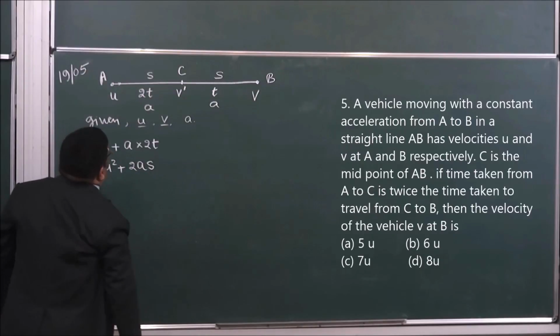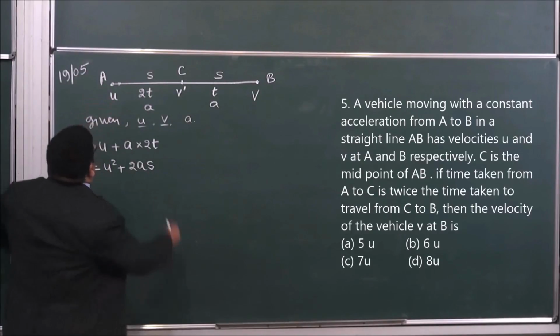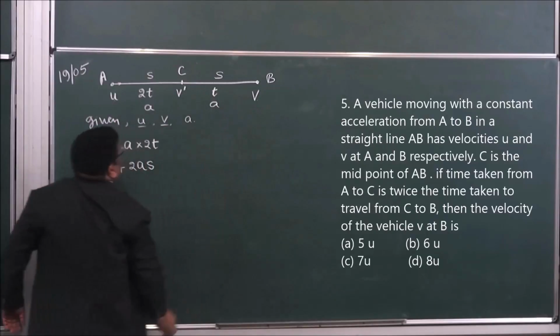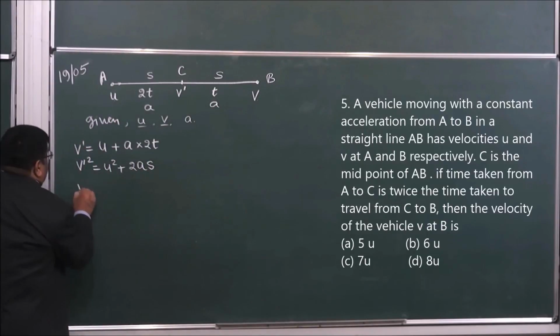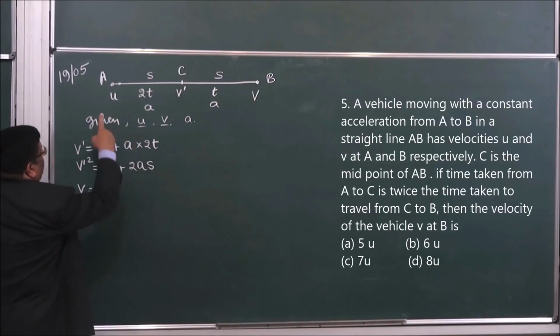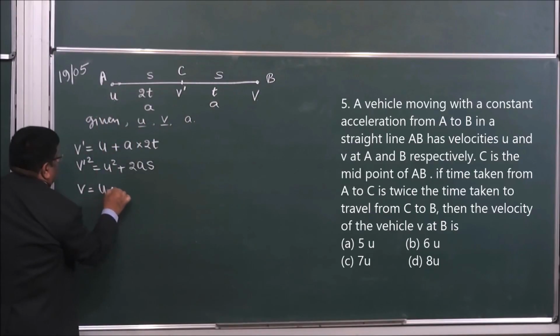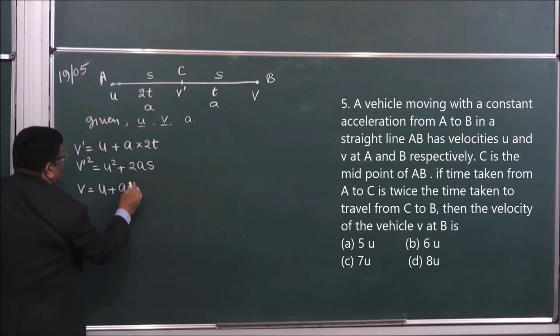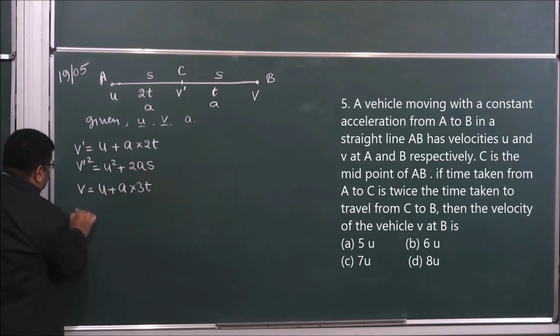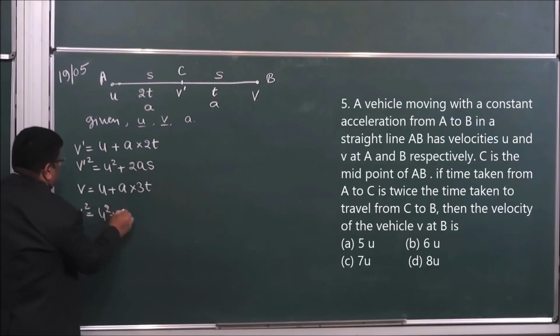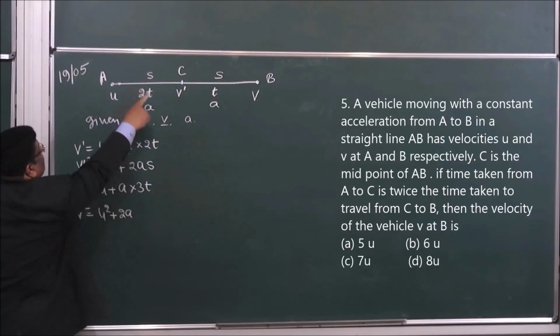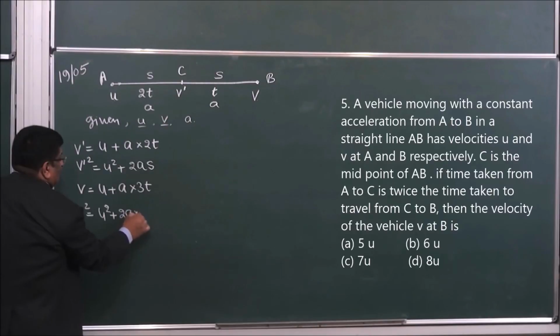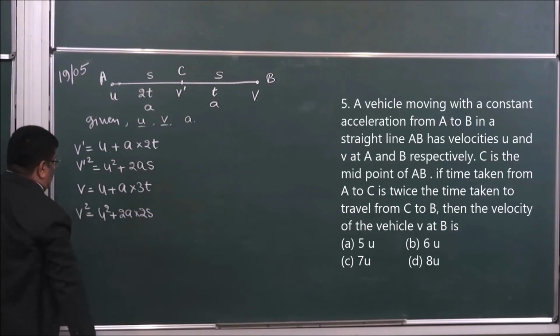Other formula? Take from here to here. V is equal to u plus a into 2t plus t, 3t. V square is equal to u square plus 2a, and how much is the s? 2s.